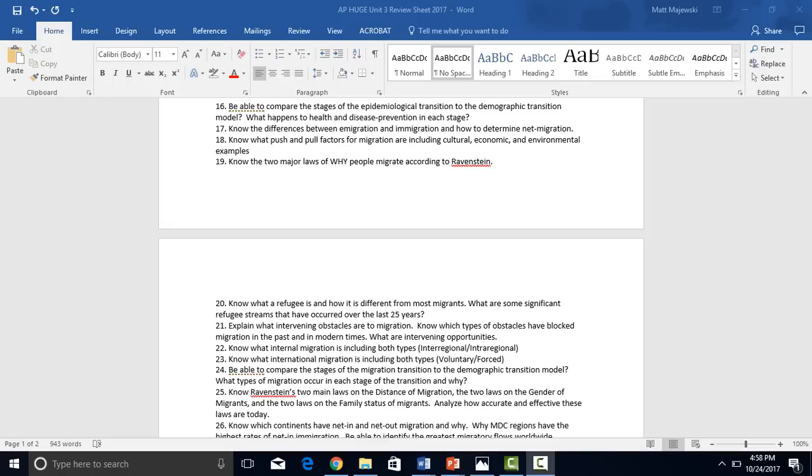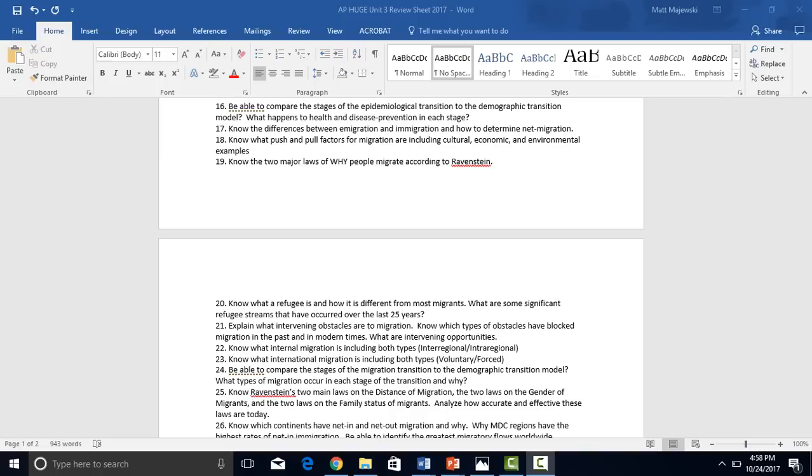If the number of immigrants is larger than the emigrant number, then you are net in, which means you are attracting more people than you are losing. So again, net in means that your immigration is larger than your emigration, and net out migration is when your emigration is larger than your immigration.